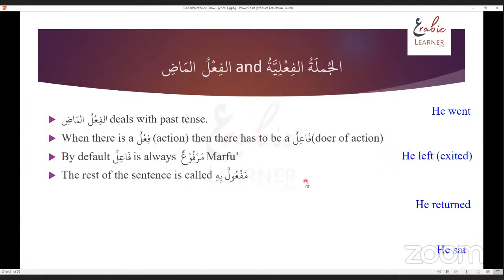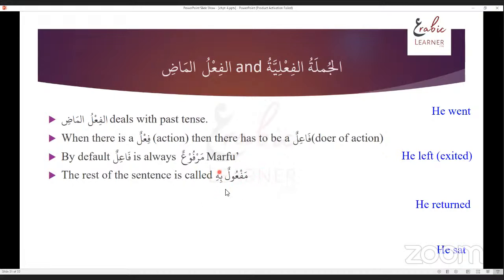So there are three things when it comes to a verbal sentence, or Jumla Fi'liya. In Jumla Fi'liya, there are three things: fi'l, which is the action; fa'il, which is the doer of the action; and whatever is the remaining. For example, I've said, he went to the school. So, to the school, the remaining part of the sentence, is called maf'ool bihi. Just remember this.